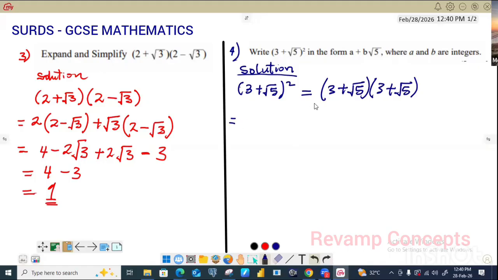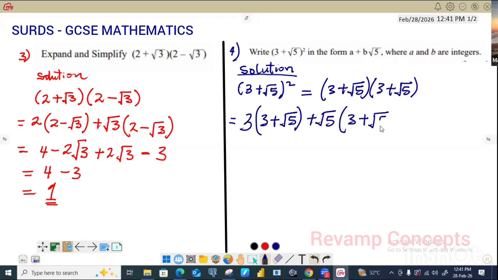So to expand this, we follow our previous example by taking the first term in the first bracket to multiply the 2 terms in the second bracket. And we can as well take the second term in the first bracket to multiply the 2 terms in the second bracket.